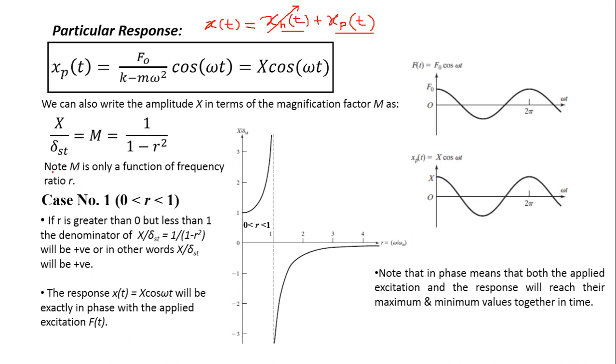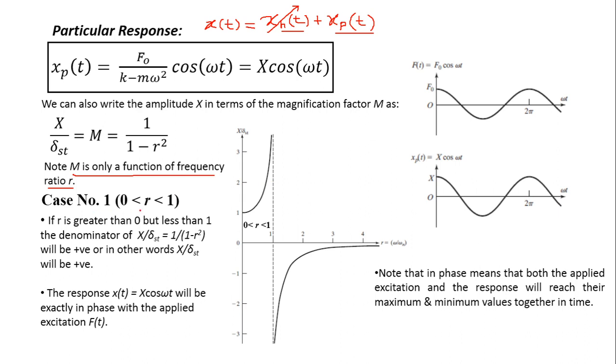You can note that M is only a function of the frequency ratio here. That is to say that in an undamped forced vibration problem, the magnification factor or magnification ratio is only a function of frequency ratio r. So depending upon the value of r, we have certain cases to deal with.